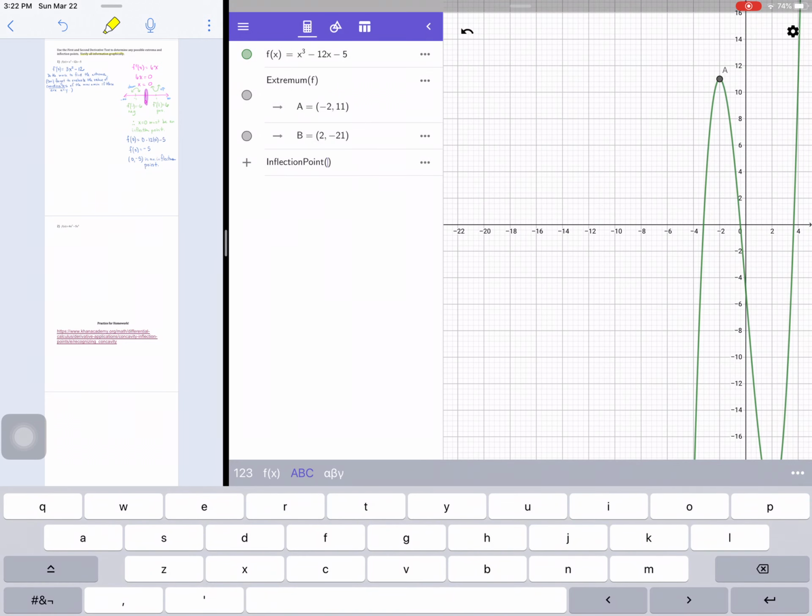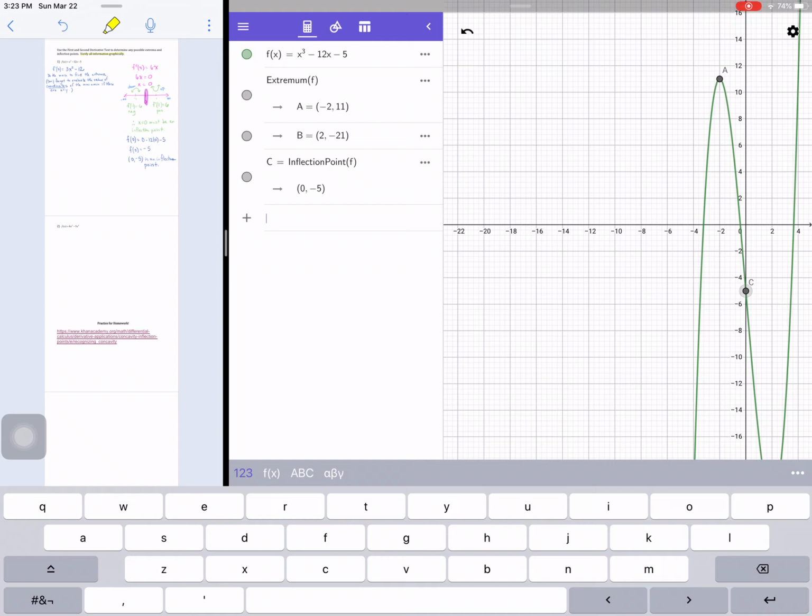If you just start typing, yours aren't going to come up as fast as mine because I've used them before. So just start typing extremum or inflection, and it starts eliminating things you don't want, and it'll come up. Then you just tell it the function f, in case you have multiple functions, and there's the point (0, -5) that we just found.